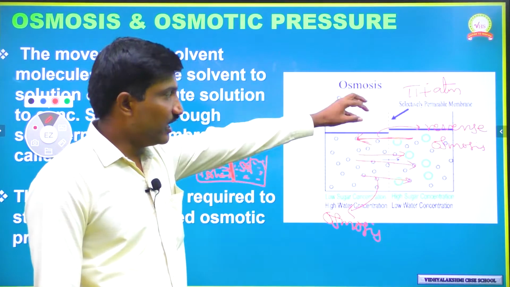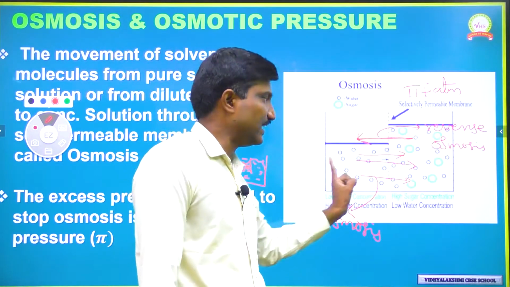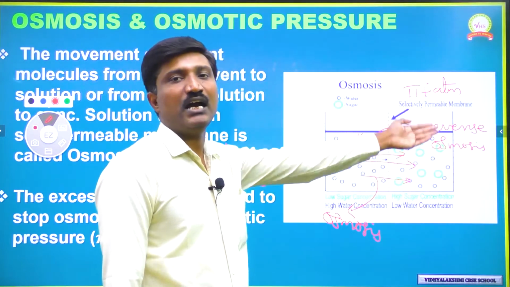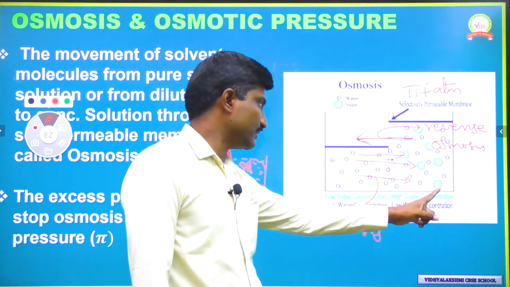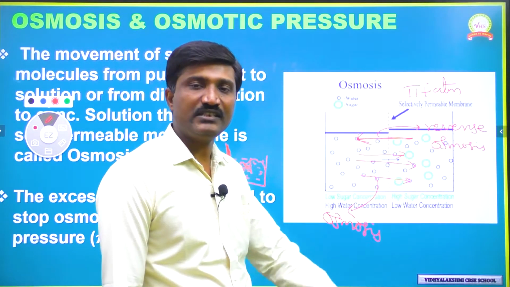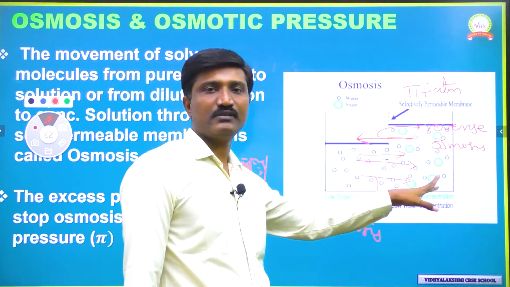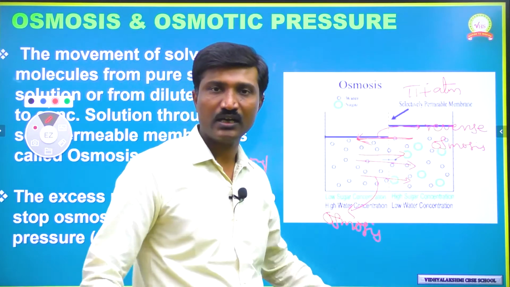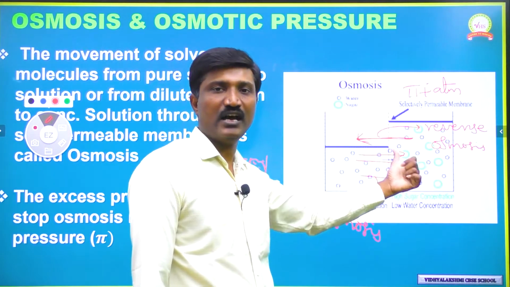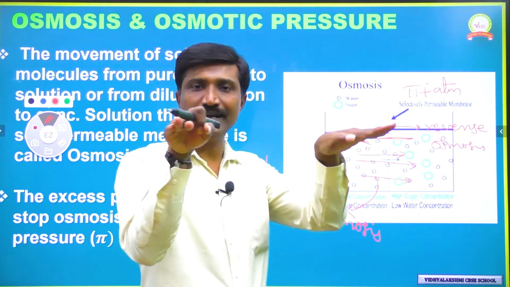If you apply a pressure below the osmotic pressure of a solution, then the osmosis process takes place. If you apply a pressure above the osmotic pressure on the solution, then the reverse osmosis process takes place. If you apply a pressure exactly equal to the osmotic pressure of that solution, then neither osmosis nor reverse osmosis takes place, and the volumes on both sides of the flask stay the same as what we initially took.